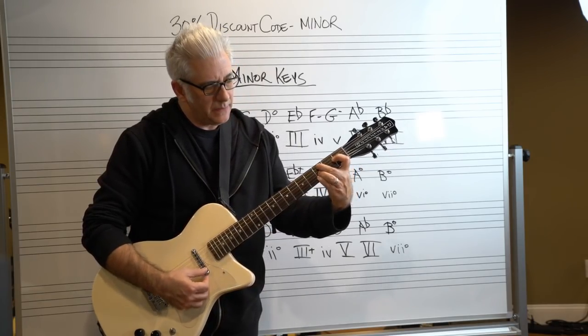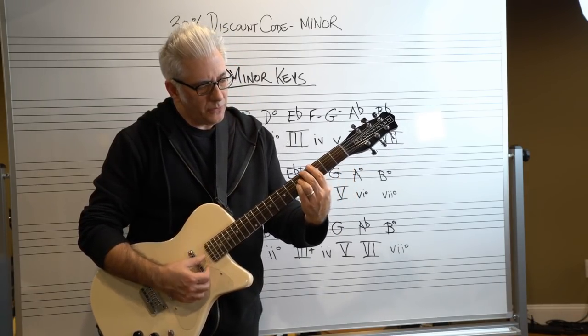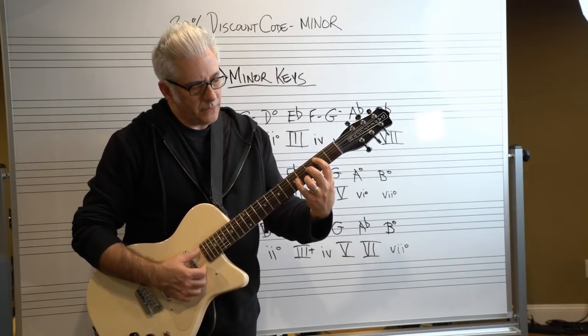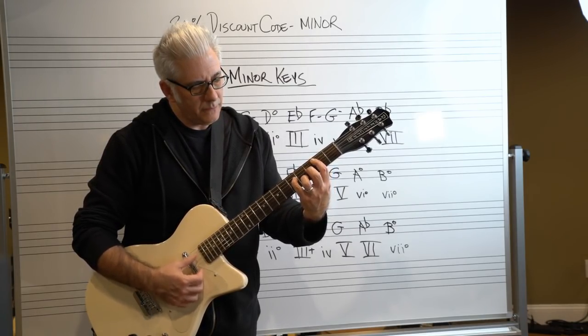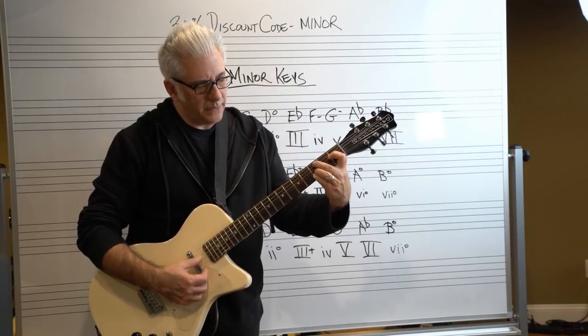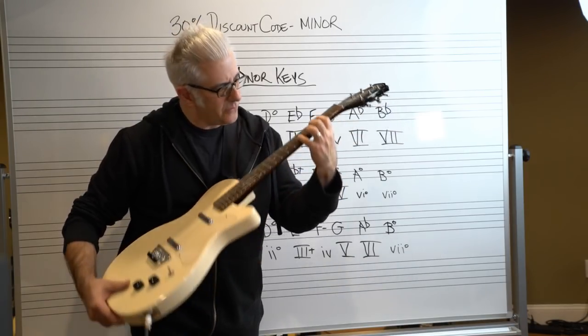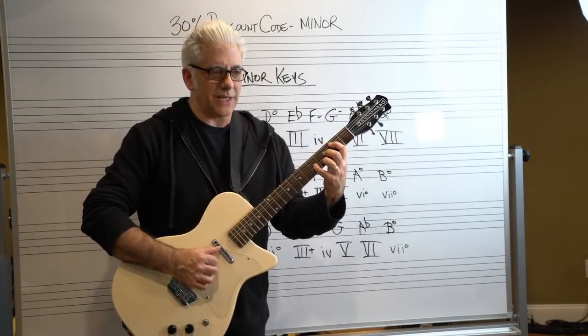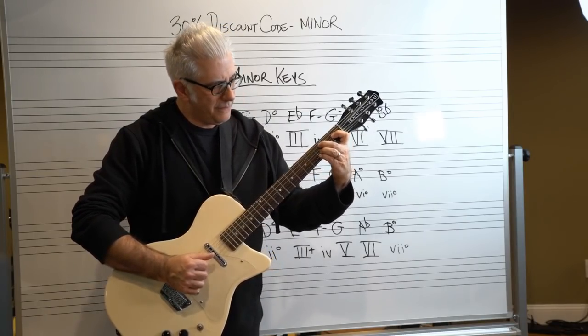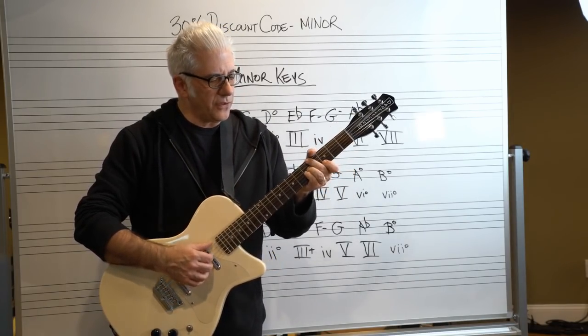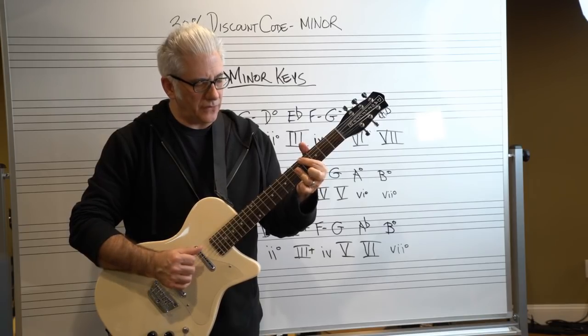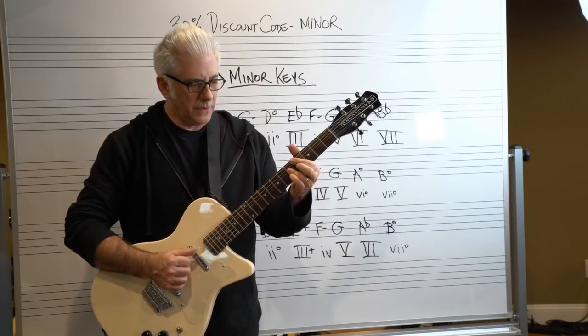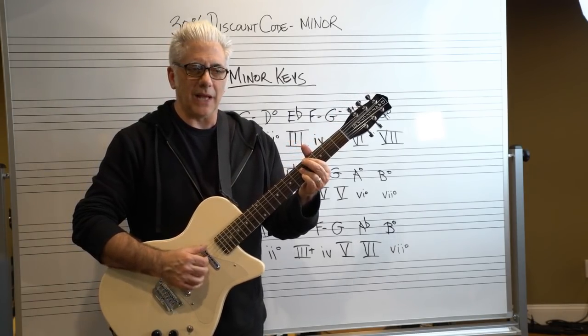And then so 2, 5, 1. I don't know why I keep missing this thing. It's weird. I'm not used to playing this guitar standing up. So I use this as a sub for this, because it's from the same parent melodic minor scale.